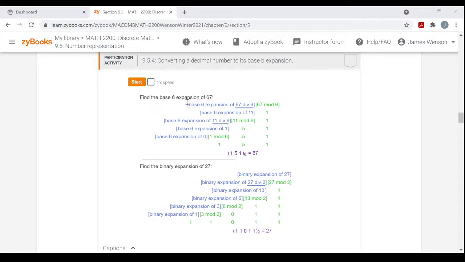And I showed you at the end of the last video before it cut off, I completed this example, writing the number 67 in base 6. I did a bunch of division by 6 and then looked at the remainders, and those remainders are what made up the digits of the expansion, 151. So I'm going to do the same thing here with 27, find the binary expansion of 27.